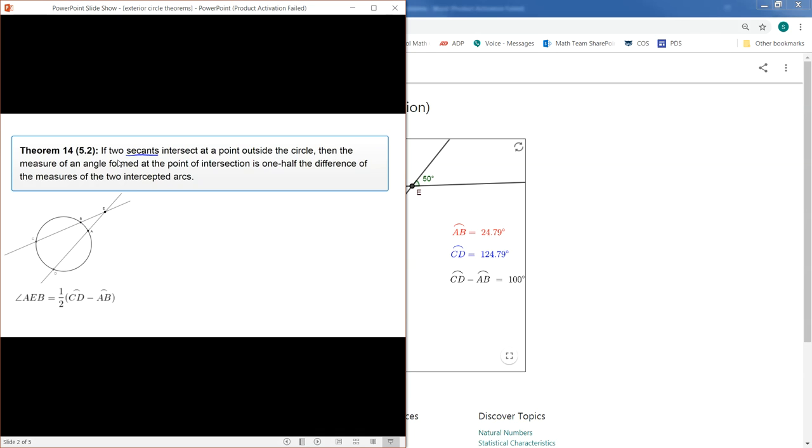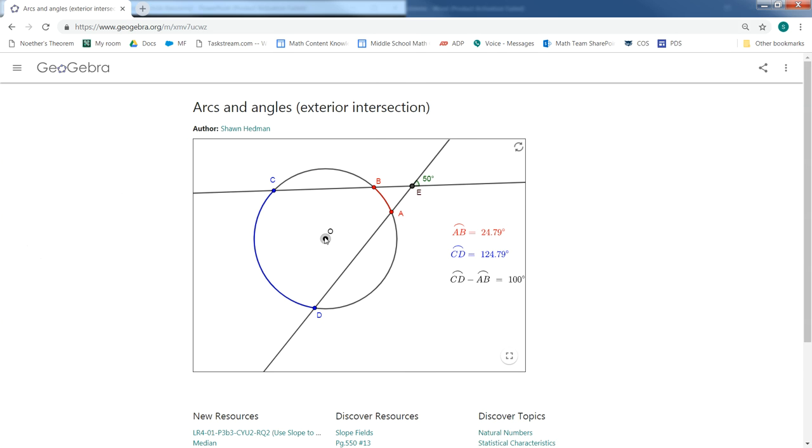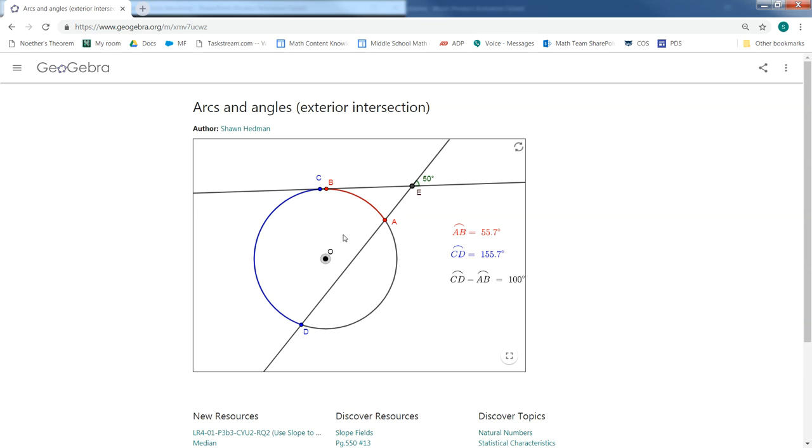That's what this says. Now this is really more than one theorem. This is multiple theorems in one, because this is true even if we're dealing with tangents. So this same fact is true for both secants and tangents. And by that I mean, if we go back to our picture here, if I move my circle so that C and B coincide, this fact remains true.